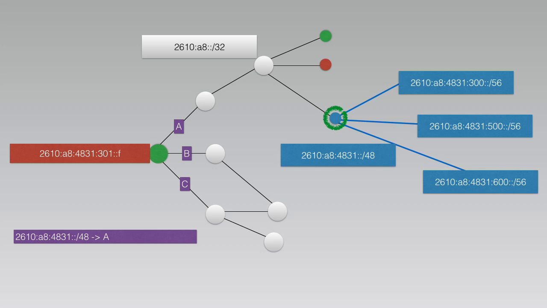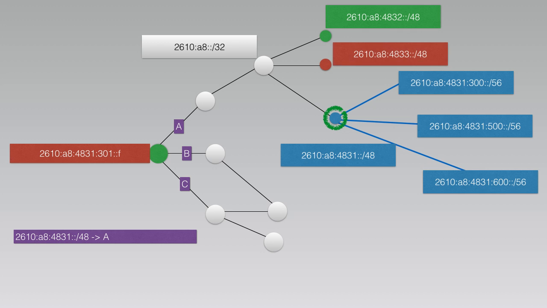And if you check quickly, yes, all of Ohio University's addresses start with those 32 bits, 2610:A8. What OARnet can now do is assign networks that are different from Ohio University but start with OARnet's prefix to other institutions. So 2610:A8:4832::/48 is different from 4831::/48.